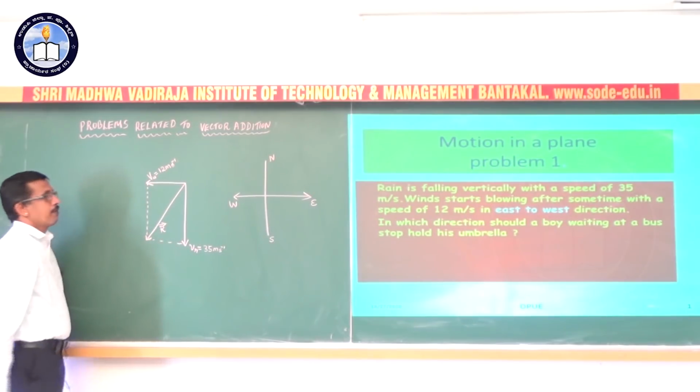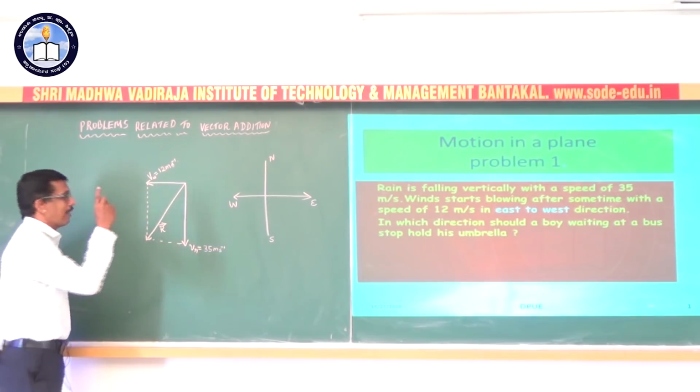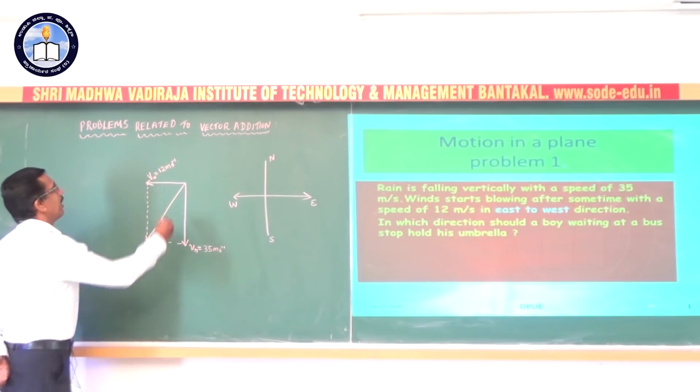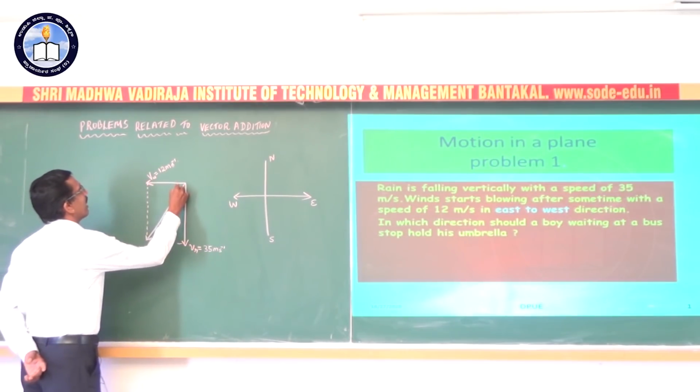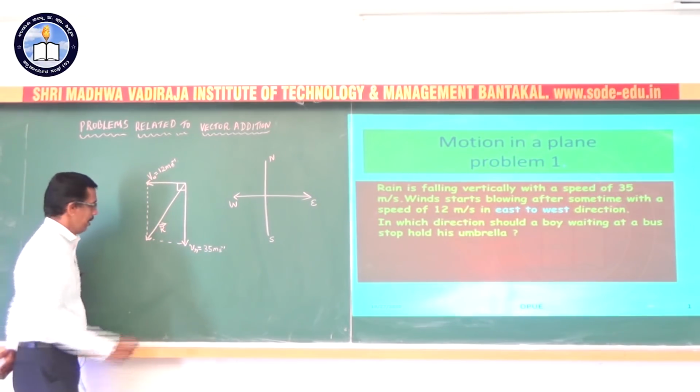First, find the magnitude of the resultant. See here, the angle between the two vectors is 90 degree.